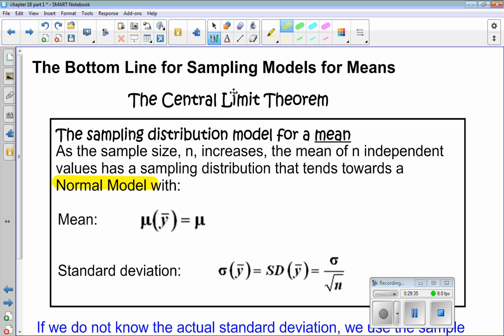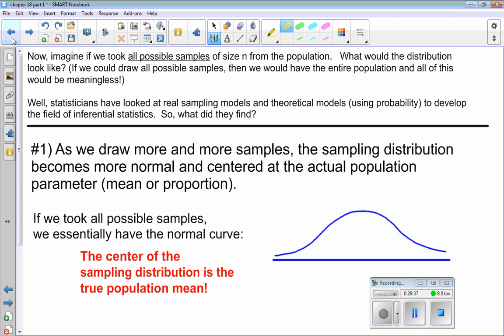As we draw more and more samples, the sampling distribution becomes more normal. And not only that, but it becomes centered around the actual population mean. So in other words, could we figure out where the middle of this would be?